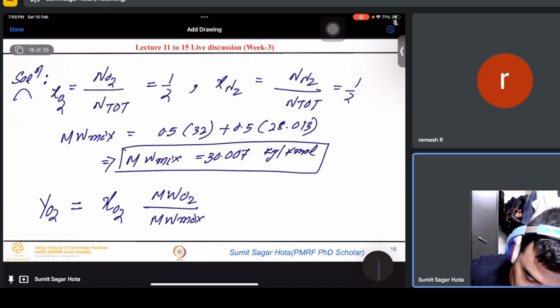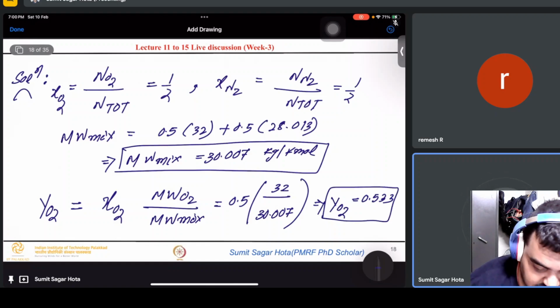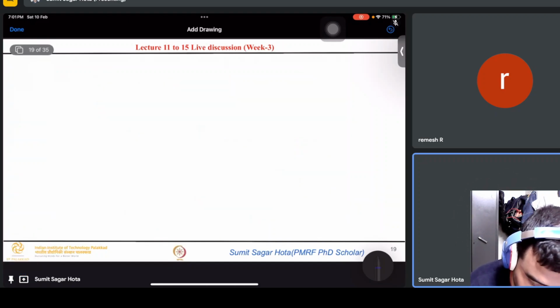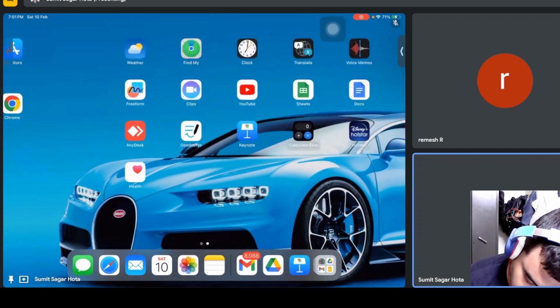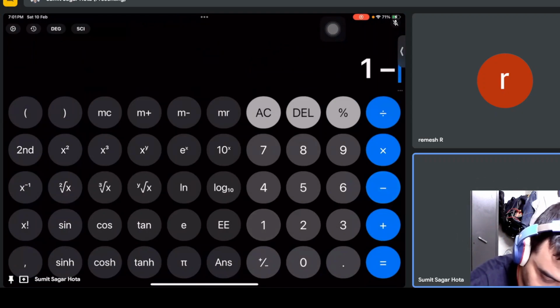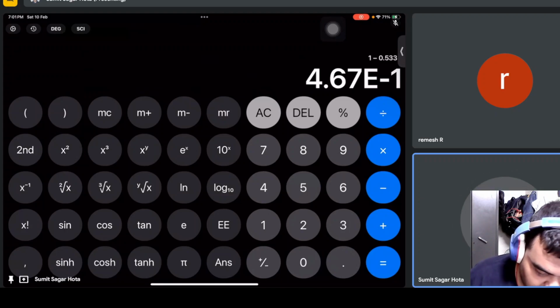Just substitute and go for y of N2. 0.467, it comes.